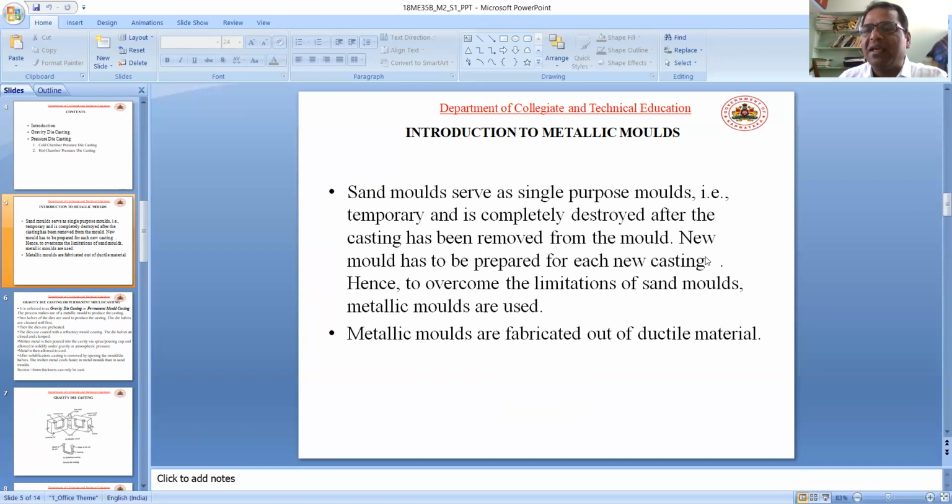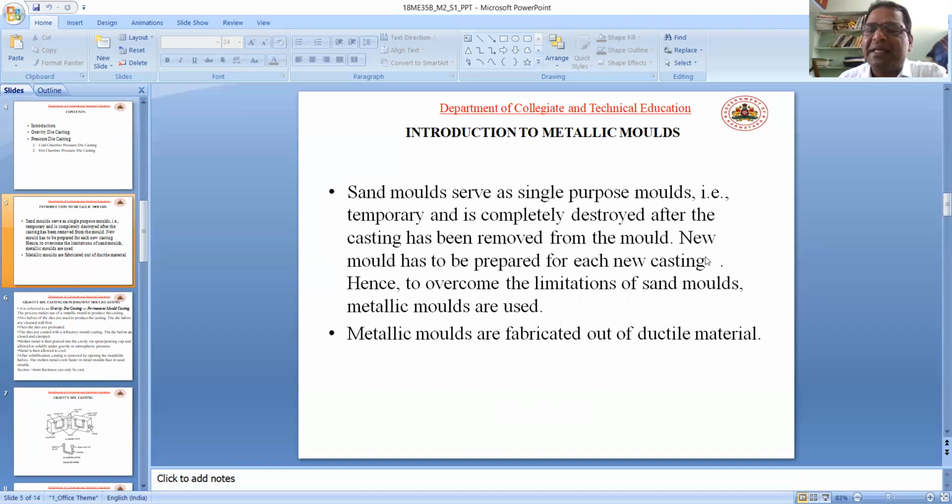Metallic molds are permanent molds, so there is no need to prepare for each and every casting. Once we prepare a metallic mold, you can use it n number of times.